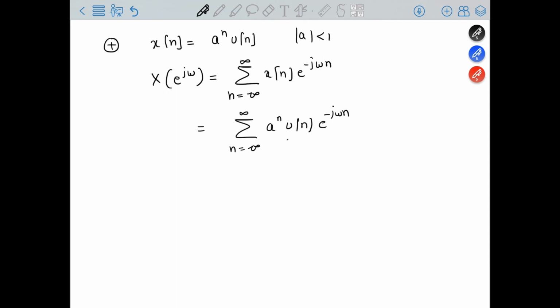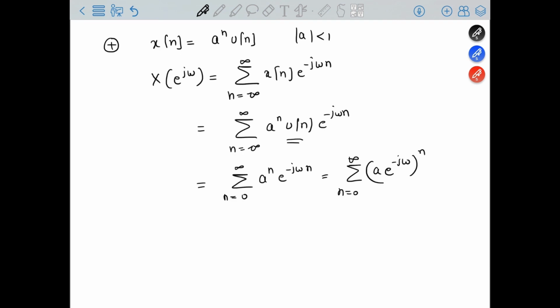And we all know that u[n] has a value only after n equals 0. So this range will change to n equals 0 to infinity of a to the n e raised to the power minus j omega n. This can be equivalently represented as summation n equals 0 to infinity of a e raised to the power minus j omega, whole power n.